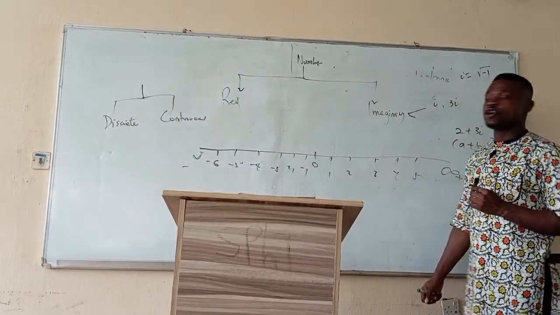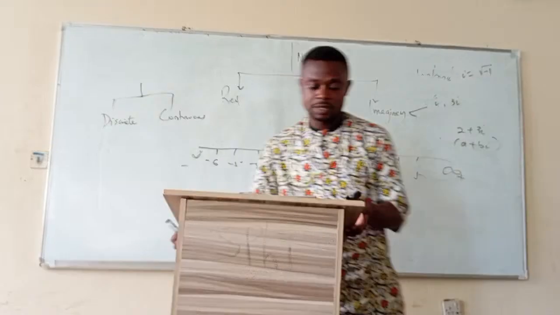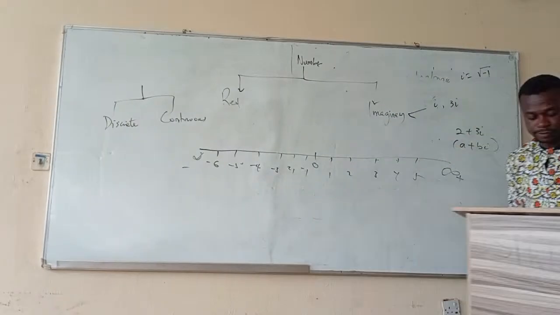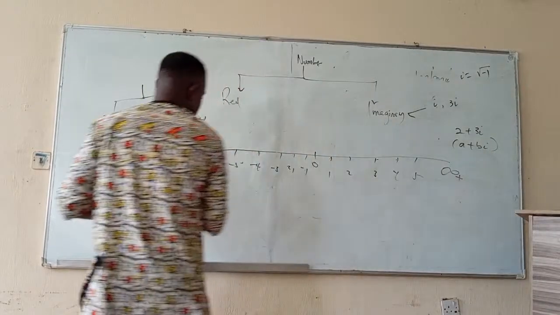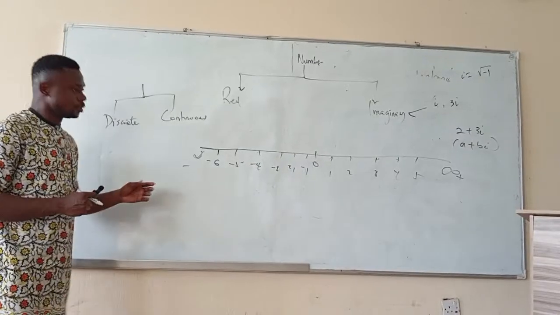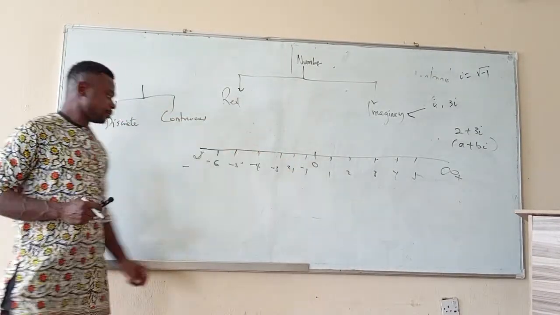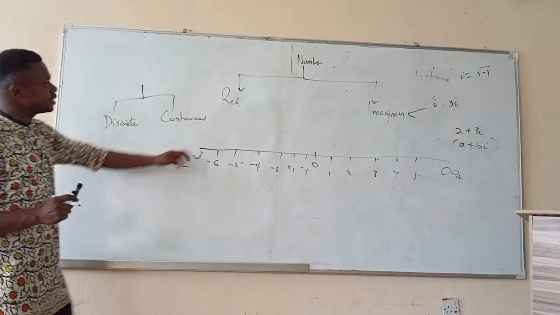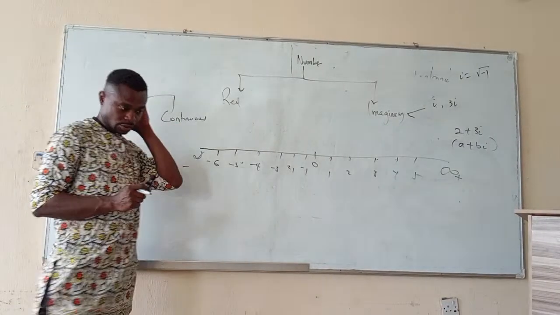Now look up. I want you to understand this. Let me clear this so I don't cover the topic. Can you see the board from there? Okay. Now, I said that under real numbers we have discrete and continuous.